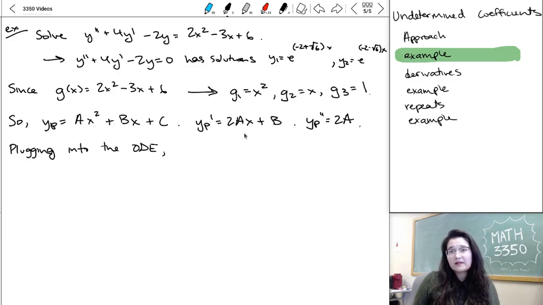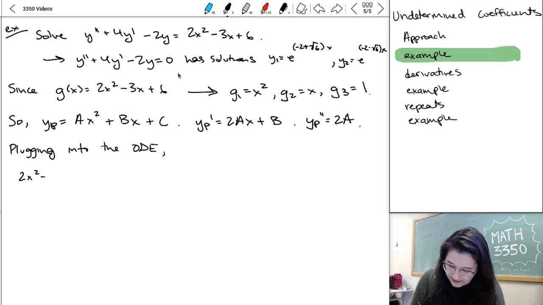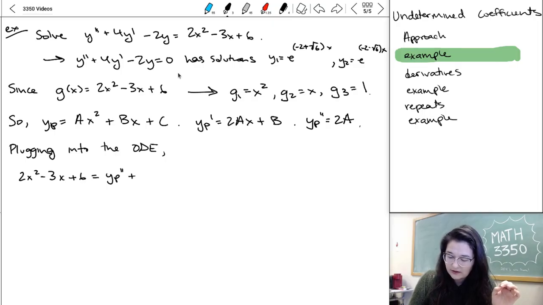And then once I plug this into the ODE, I'm going to go to this full version up top, not the version that's equal to 0. And I'm going to have that on one side, I expect to get 2x squared minus 3x plus 6. And then I want this to be equal to my particular solution plugged into the ODE.